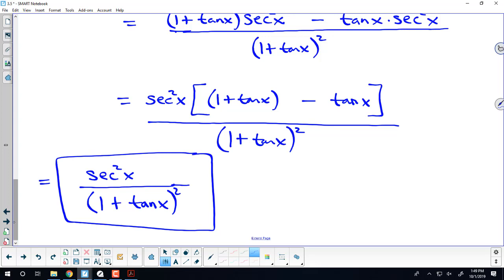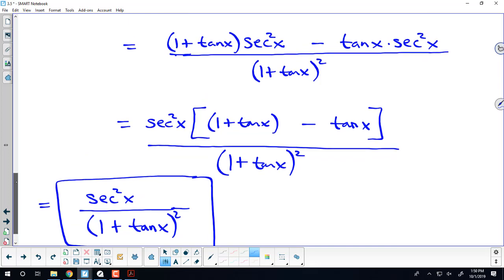Especially with derivatives that have mixed functions in them, like e to the x sine x or cosine x. This one here where we had secant squared and tangent, you always want to think about just taking out the greatest common factor. And the majority of the time, that will allow you to simplify things.